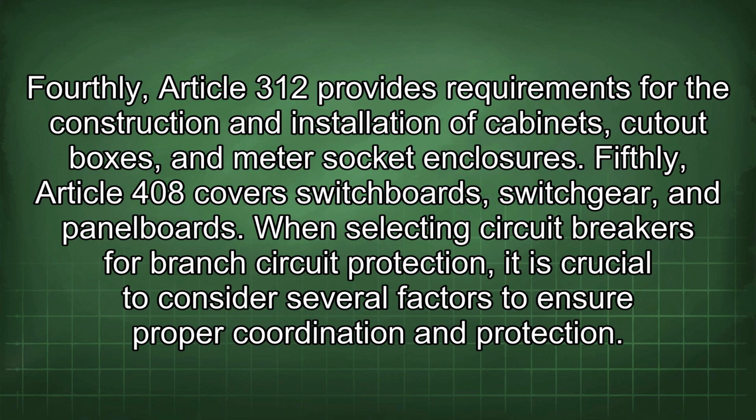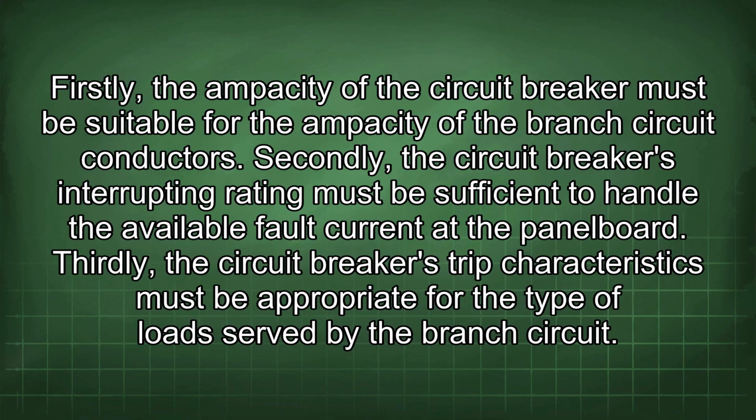When selecting circuit breakers for branch circuit protection, it is crucial to consider several factors to ensure proper coordination and protection. Firstly, the ampacity of the circuit breaker must be suitable for the ampacity of the branch circuit conductors. Secondly, the circuit breaker's interrupting rating must be sufficient to handle the available fault current at the panel board.